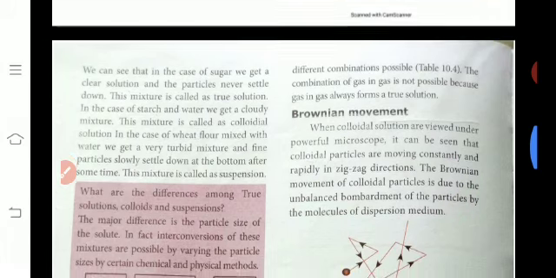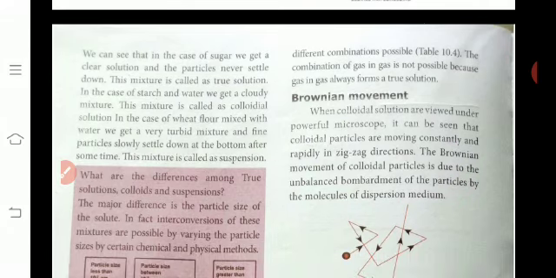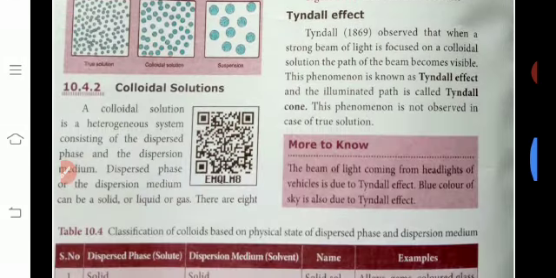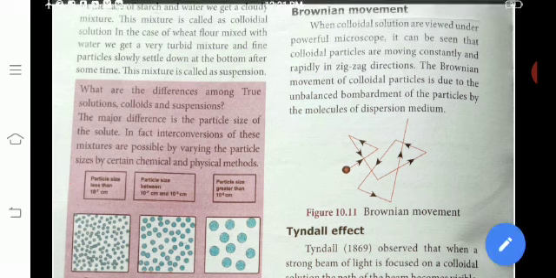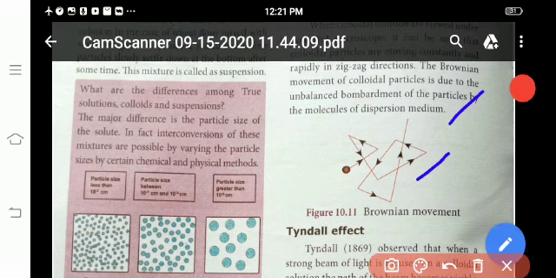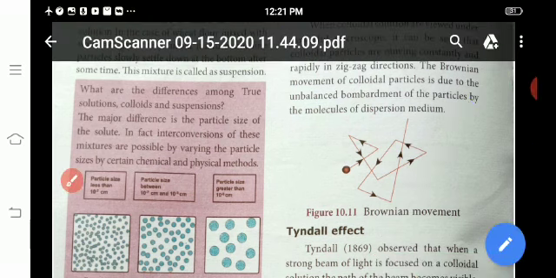These two, Brownian movement and Tyndall effect, are the second five-mark book-back question. You write this paragraph and this diagram, then read the Tyndall effect. So you read this five-mark question.